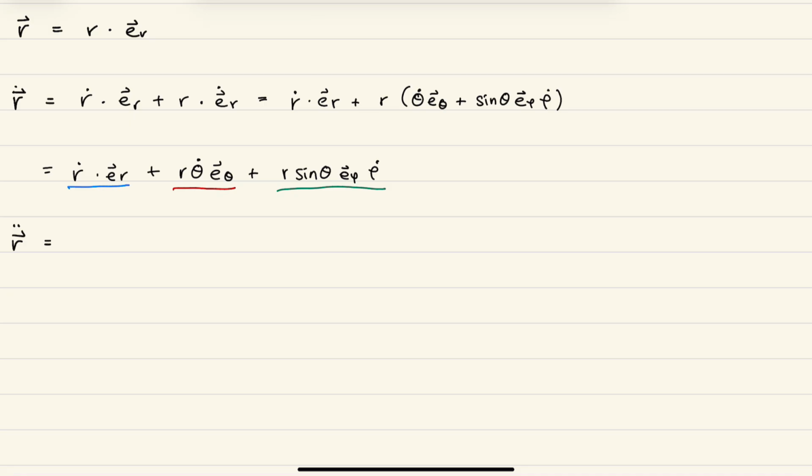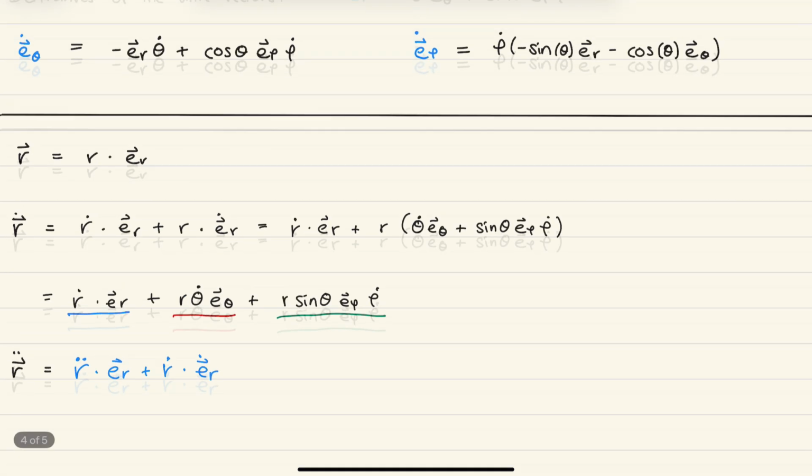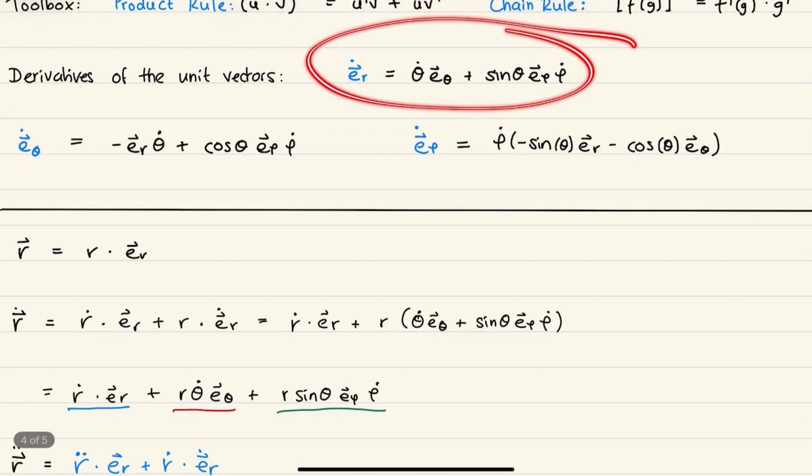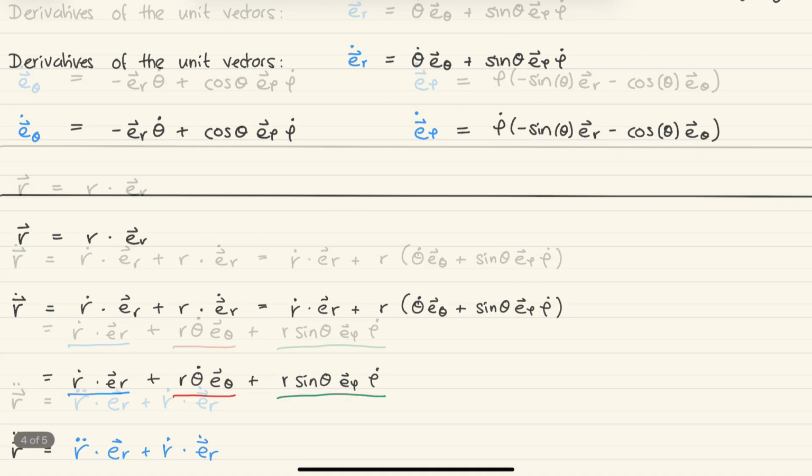Using the product rule on that, we're first going to differentiate the r dot, which is going to give us r double dot, and leave the er as it is, plus, now we're leaving the r dot as it is, and differentiating er with respect to time. And since we have er dot here again, we can simply plug in this derivative.